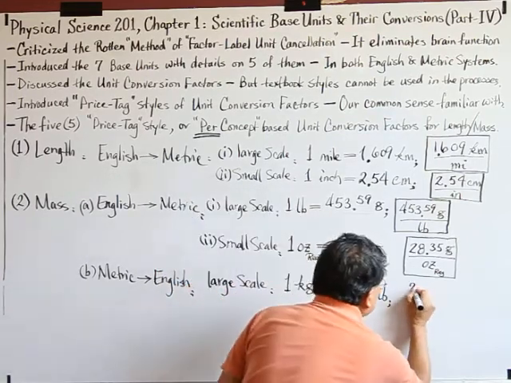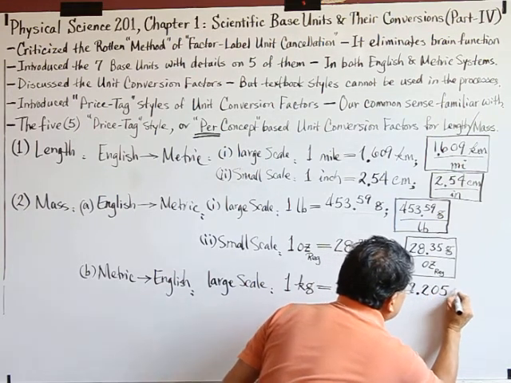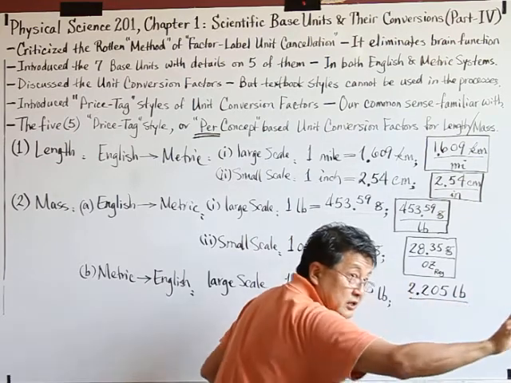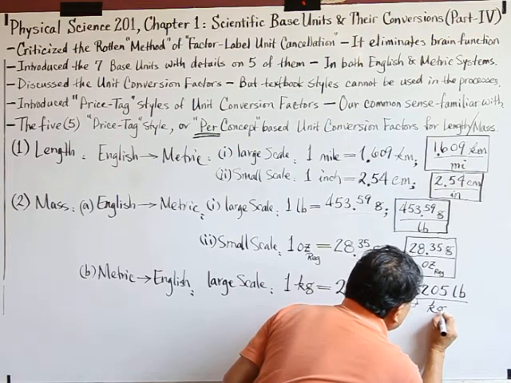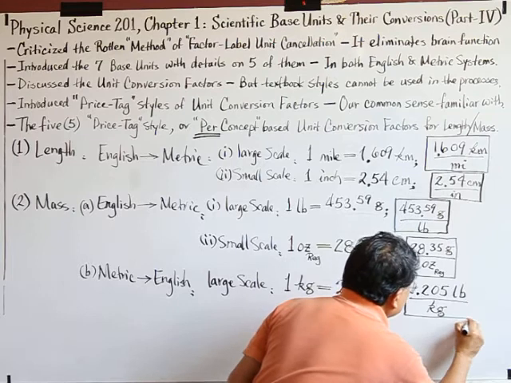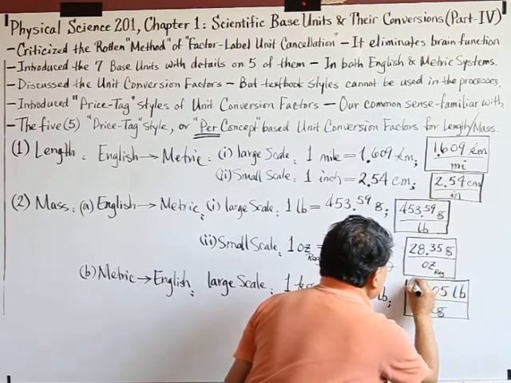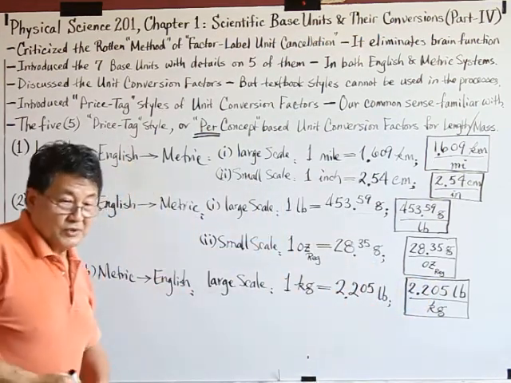So 2.205 pounds, right, per a line fraction, right, per kilogram. Now that is also big scale, but it's in the order of metric converting to English. Now those five.